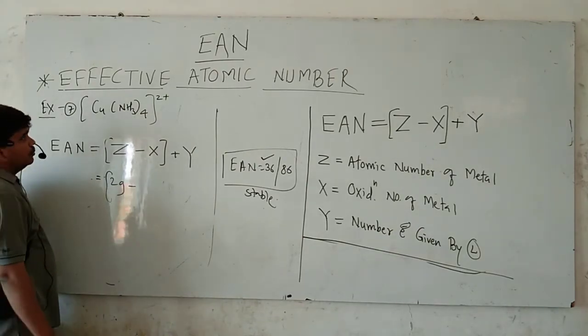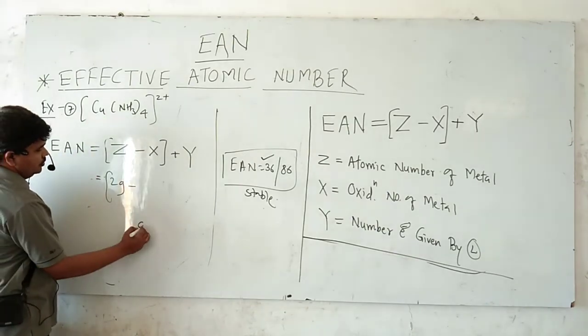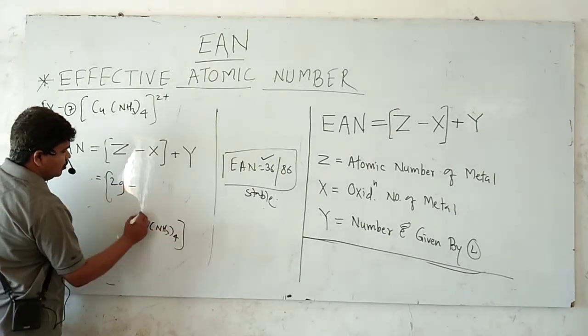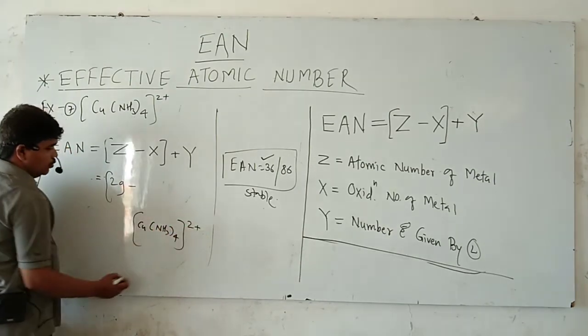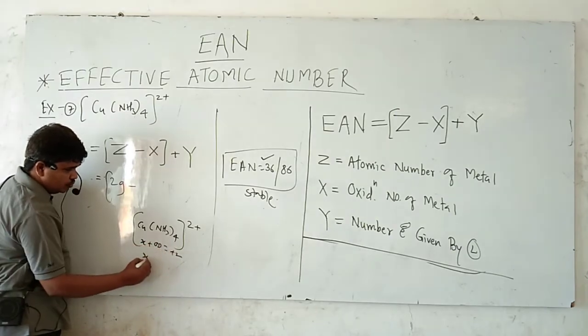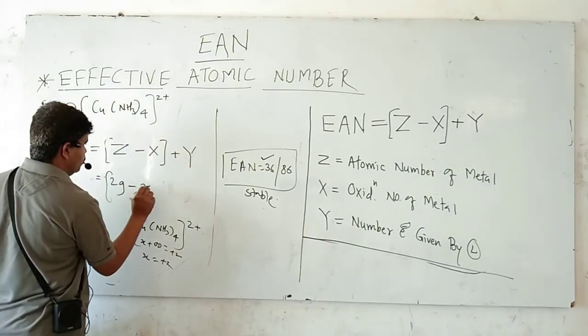X is the oxidation number. [Cu(NH3)4] on the complex 2+. So x plus 0 is equal to plus 2, means x is equal to plus 2. Right? So x is equal to 2.